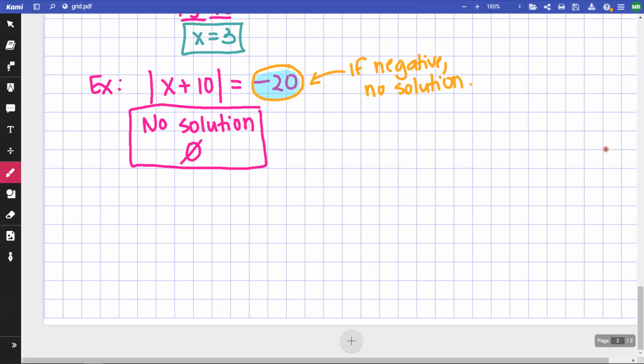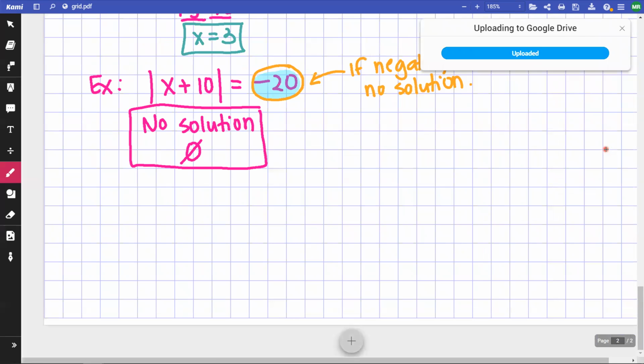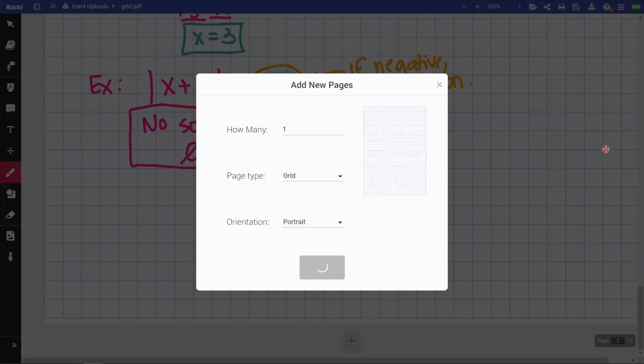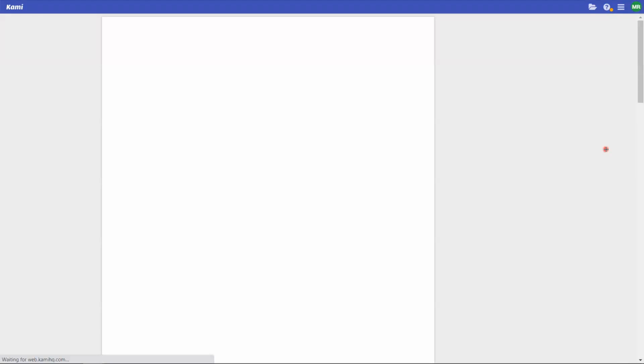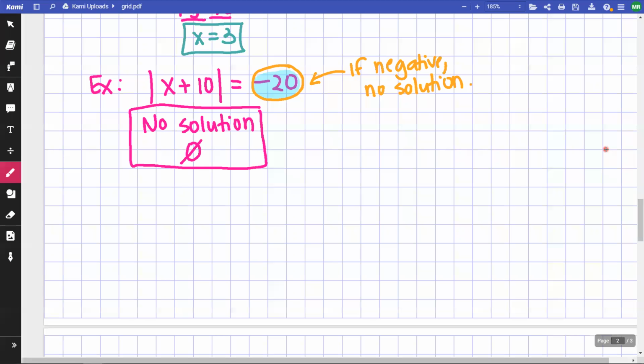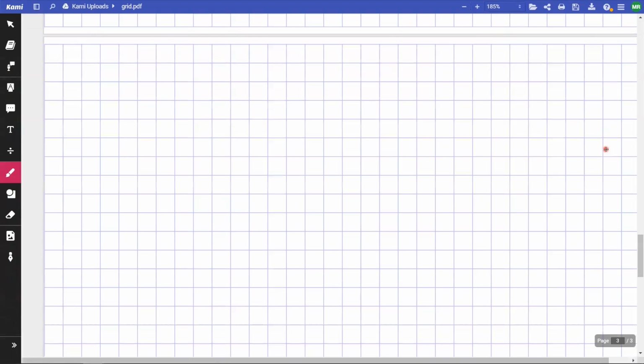Okay, next example, I'm going to add a page on. Next example. This one's going to be a little bit more complicated. So up to this point, all of our equations, my absolute value was isolated.